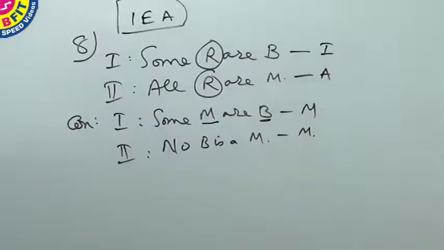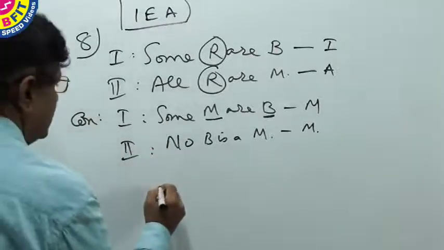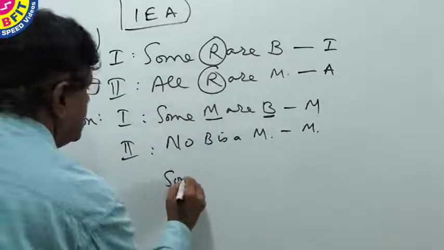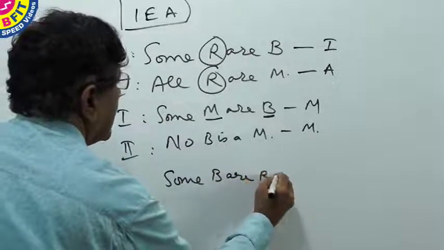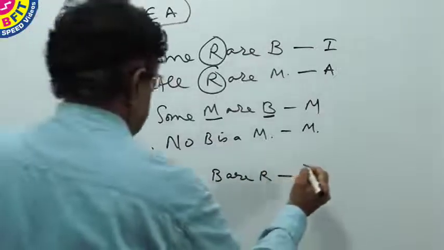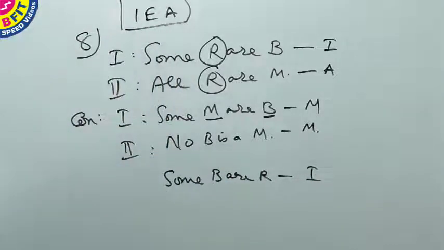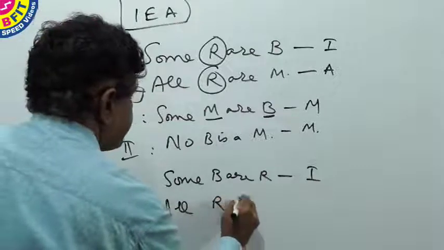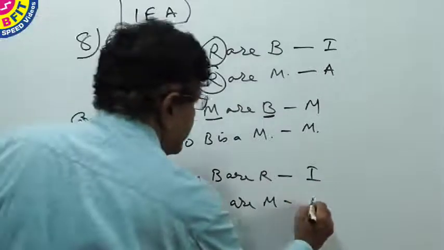Some R or B has to be changed to some B or R. So, first this statement we will convert: some B R, it is an I type statement. Then all R are M. This is the second statement given. It is A type statement.